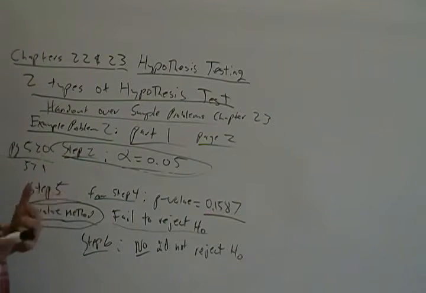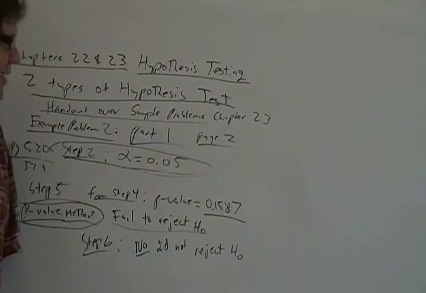I went through problems 9 and 10 in the video that I did for the practice test, and that video is also going to be on the Facebook page. You can see me working out one more of each type when I work out problems 9 and 10 from that practice test.